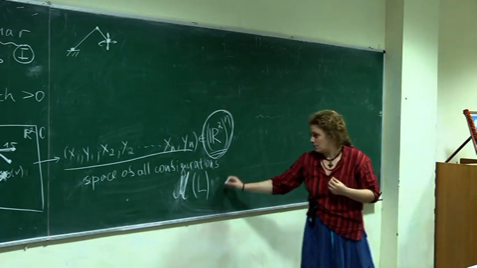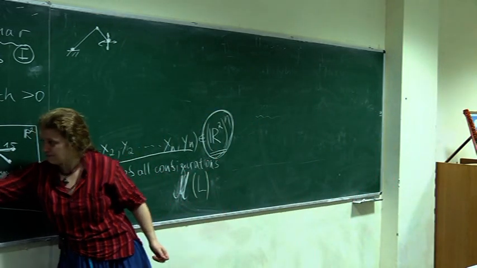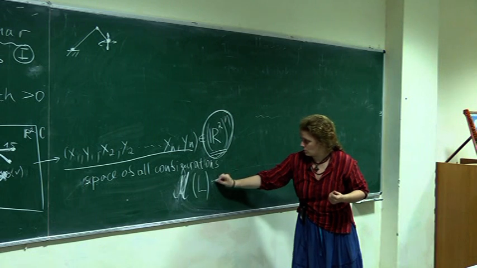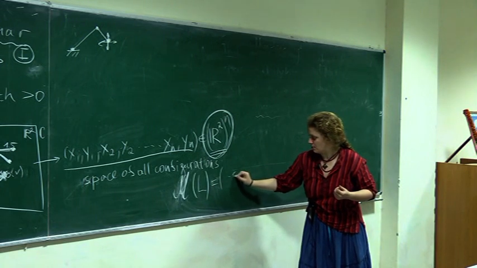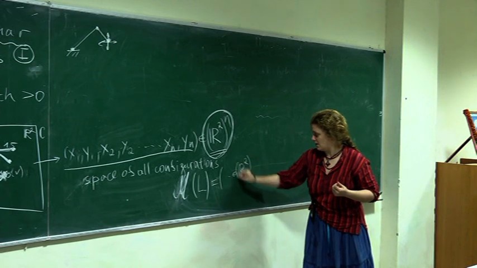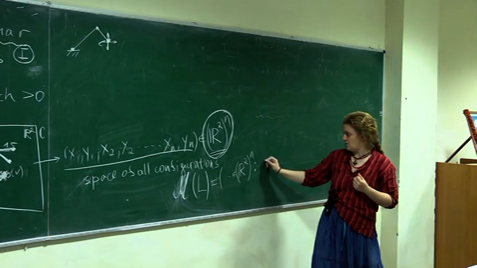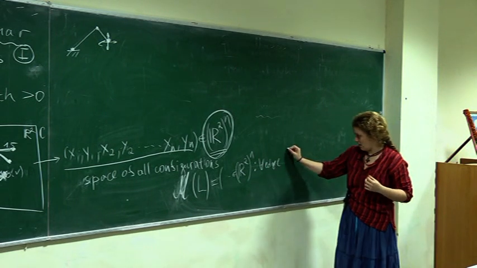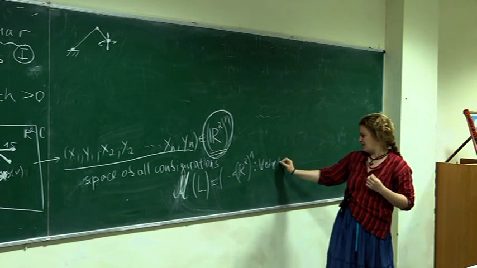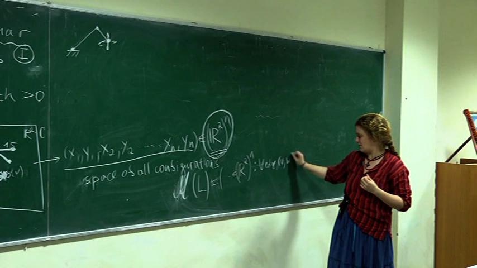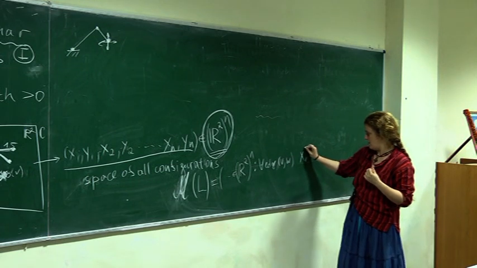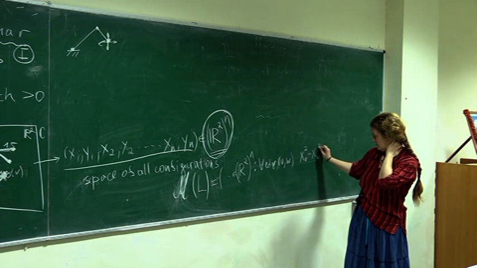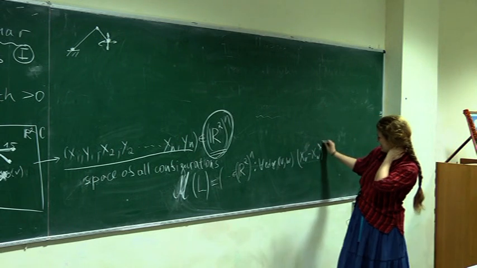It's the set of points in R^(2n) such that for every edge, let's say from vertex v to vertex v', well, x... I forgot.